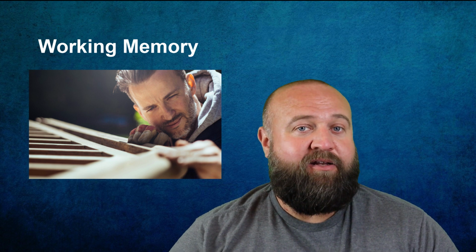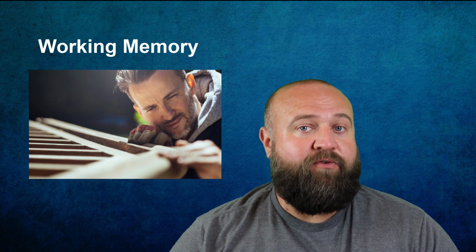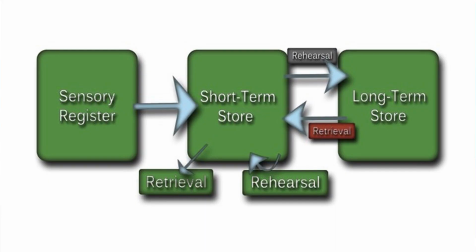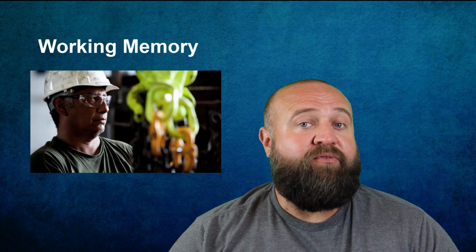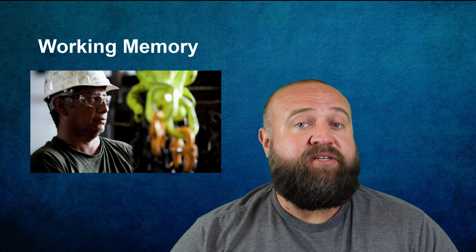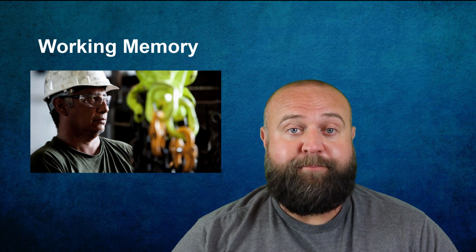When we do this, we are of course consciously aware of that information again. So we generally retrieve information from our long-term memory back into our short-term memory. However, usually when we do this, we don't refer to it as short-term memory, we call it working memory. So working memory is being consciously aware of information that has been previously stored in our long-term memory.